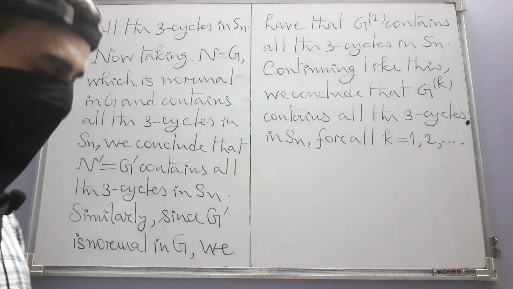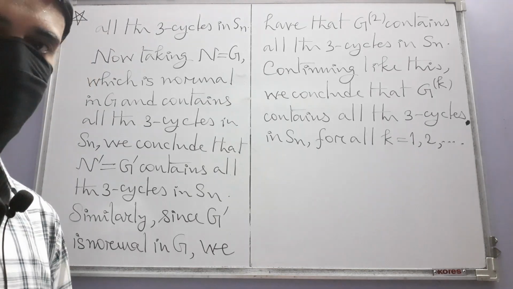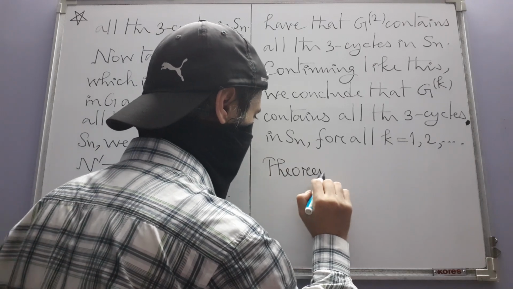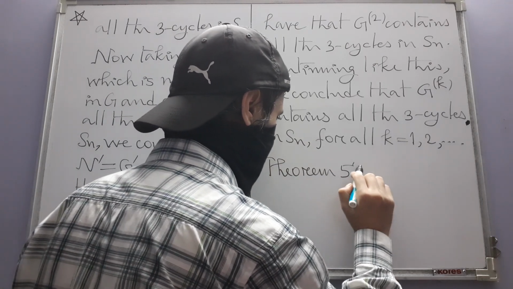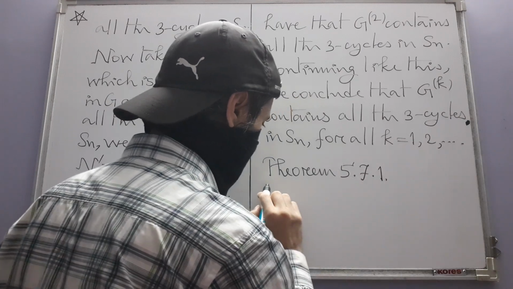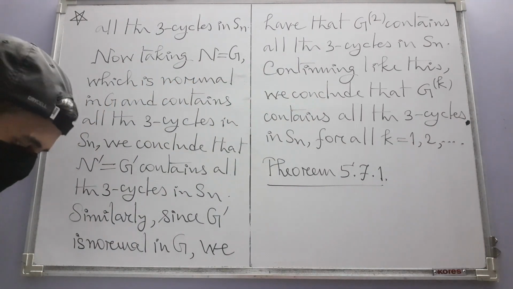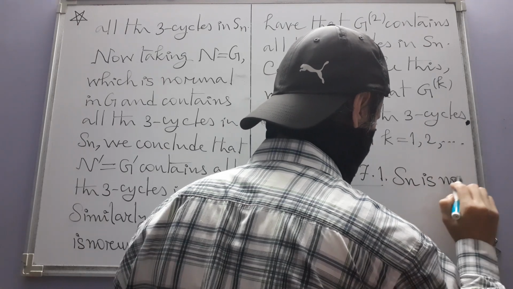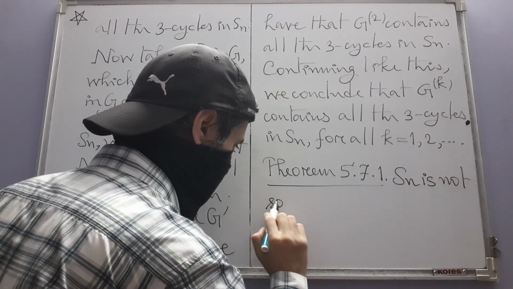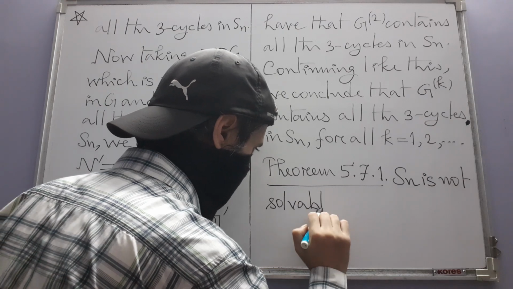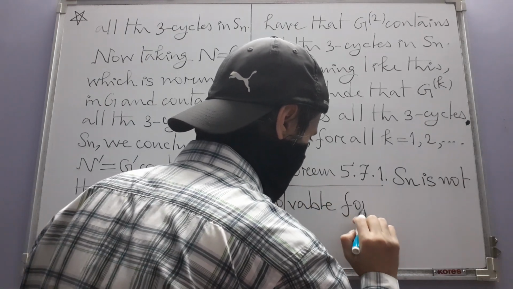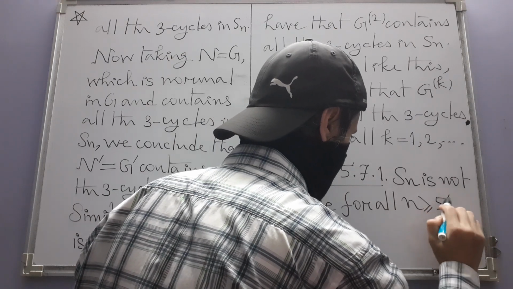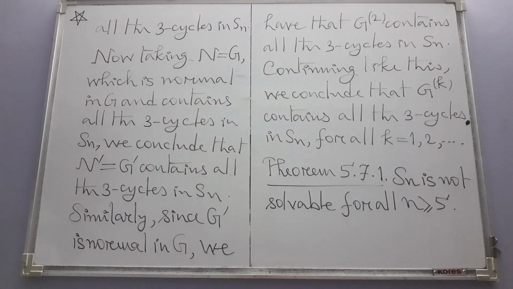Now with the help of this lemma, we are finally going to prove this next theorem. And that theorem is simply this: Sn is not solvable for all n greater than or equal to 5.